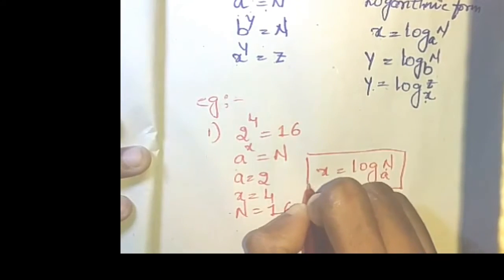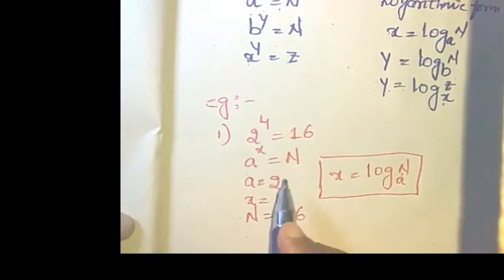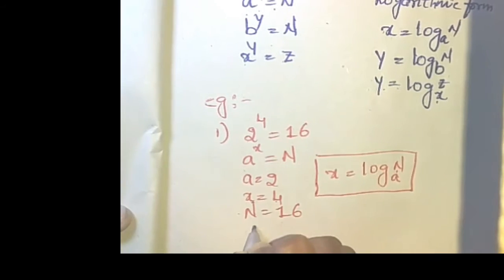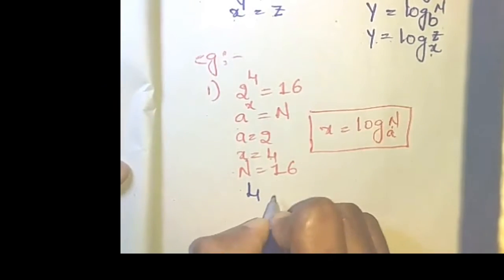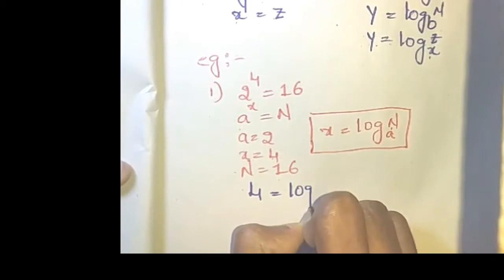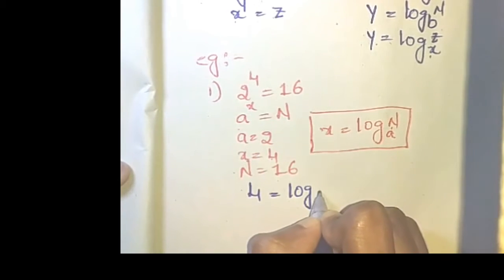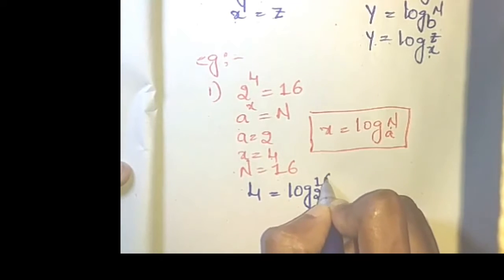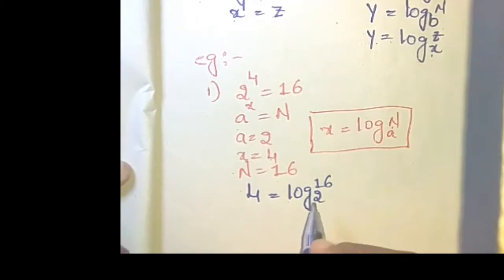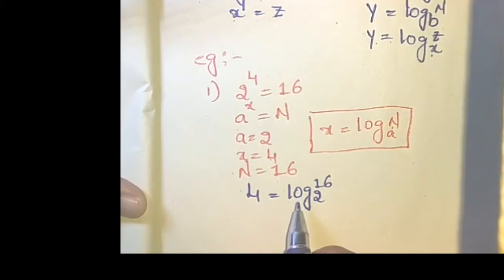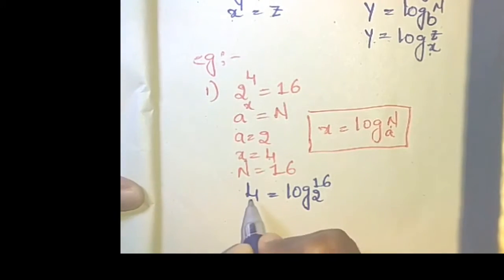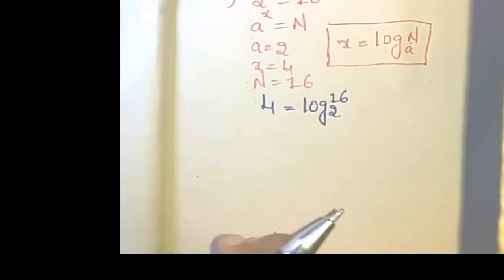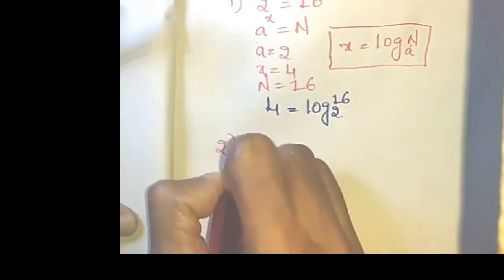Yes, so now what we have to do? Your x is equal to 4, so 4 is equal to log, a value is how much? 2. Take 2 and n is equal to 16. So we can read it as what? Log 16 base 2.